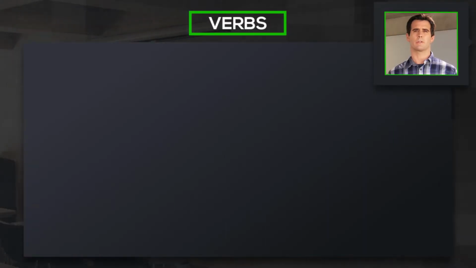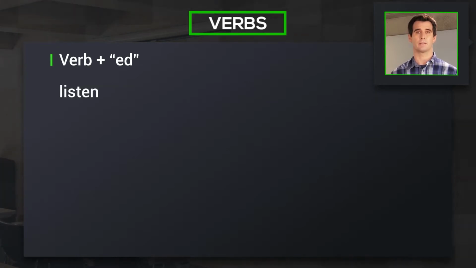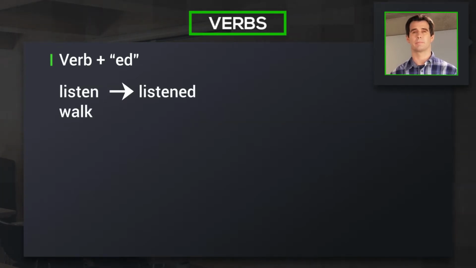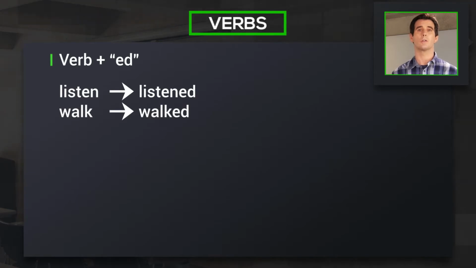Some verbs are very easy to change into past form. With these verbs, we add ed to the end of the verb. For example, listen, listened. Walk, walked.